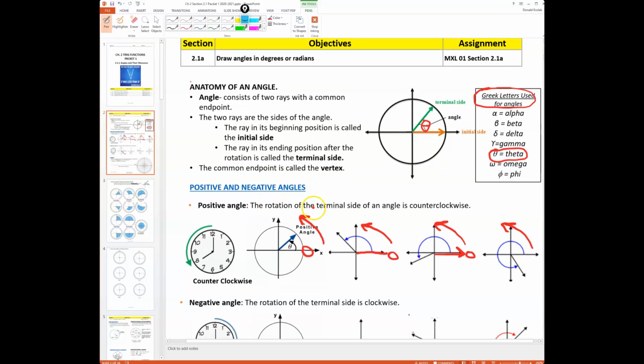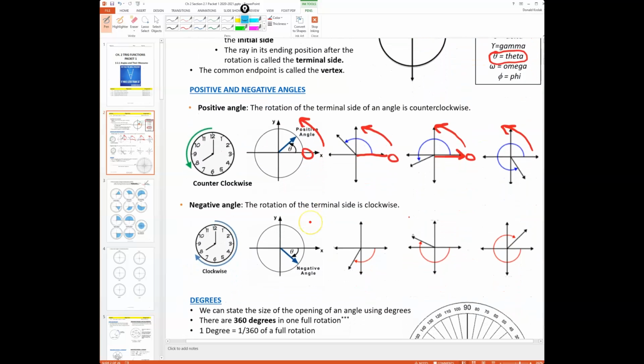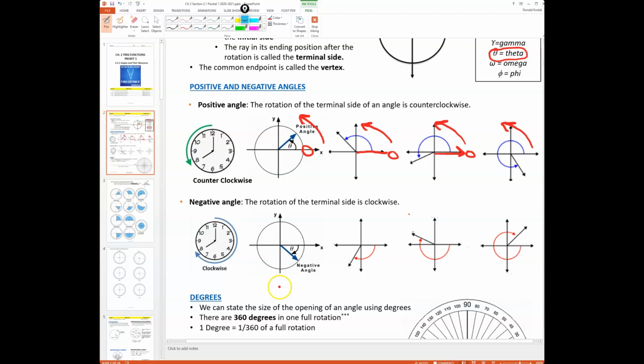Now, if the angle opened up in the other direction, going clockwise, again, standard position means the initial side is on the positive x-axis. That's the beginning of the angle.